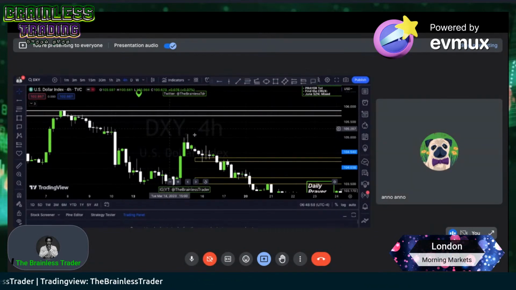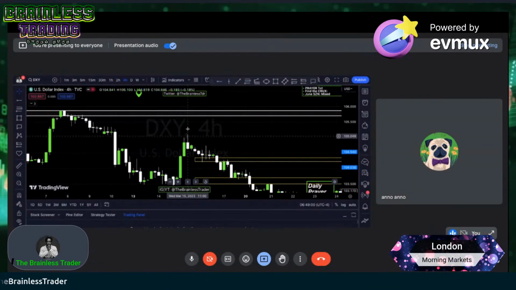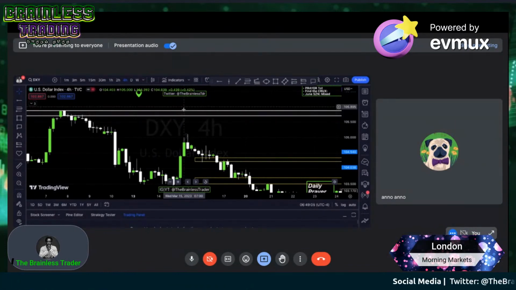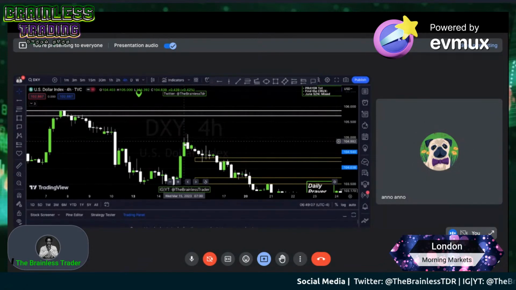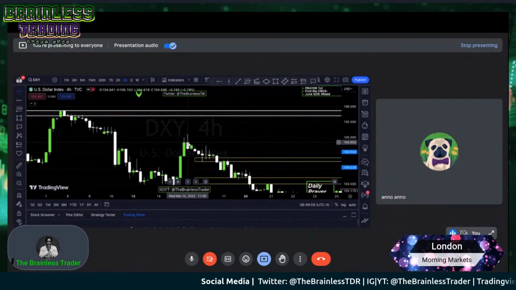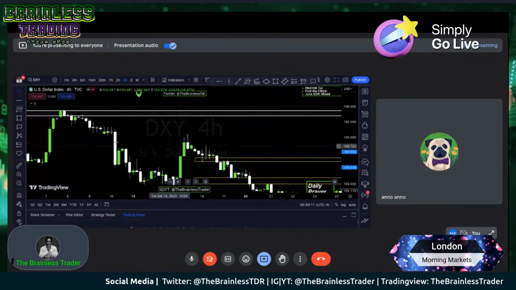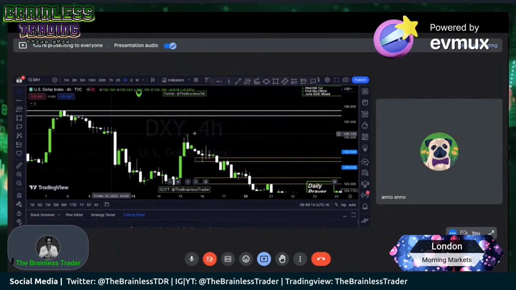Even though the wicks may have been all the way up here, at the end of that 4 hour, if both bodies of these candles close within the fair value gap, then you know what's up.